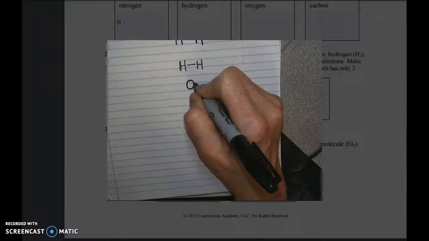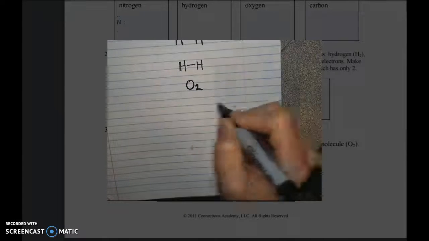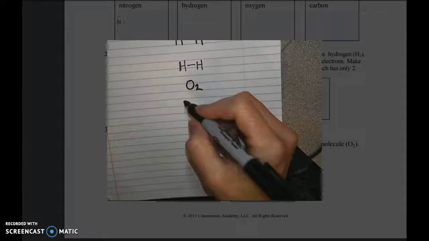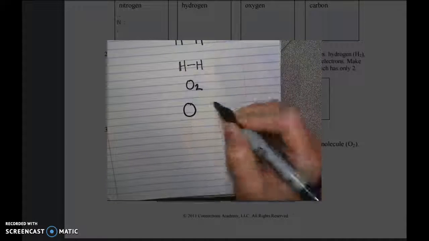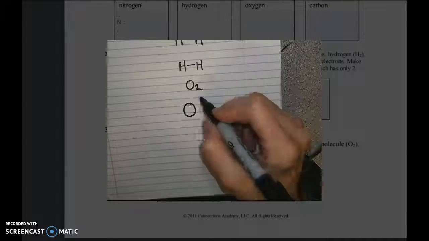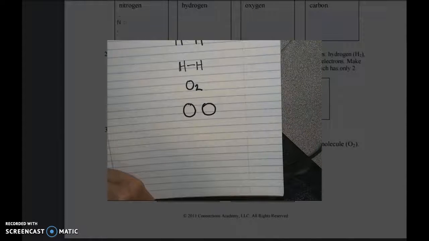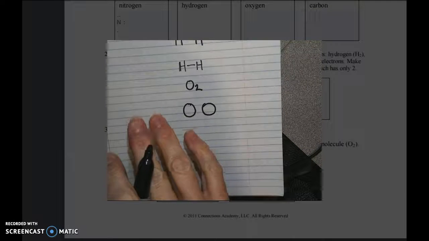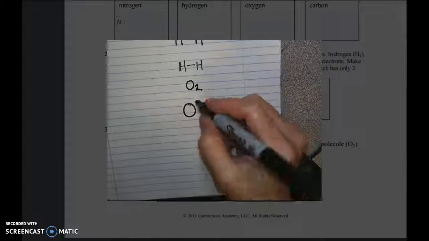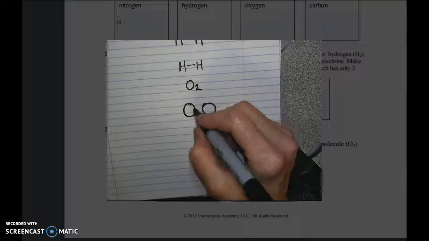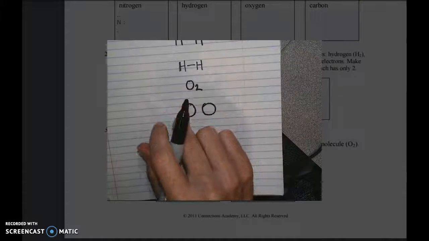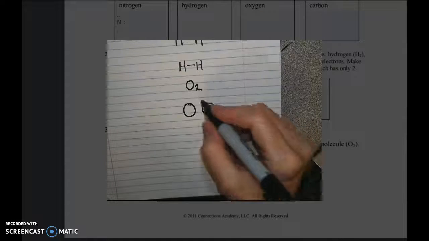Oxygen is O2. Okay. Each oxygen has 6 valence electrons around it, and they need to have a total of 8 to be stable, remember? Hydrogen's the exception because it only has one shell. So to get the 8, you need to have 8 around each of the oxygen atoms.